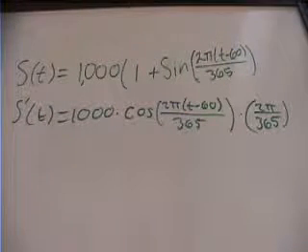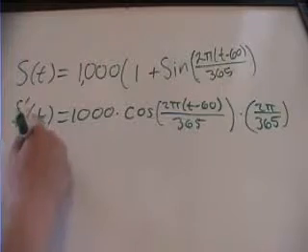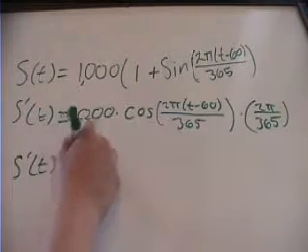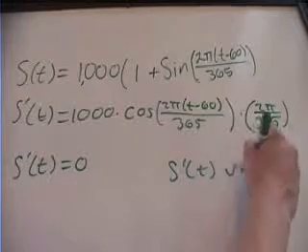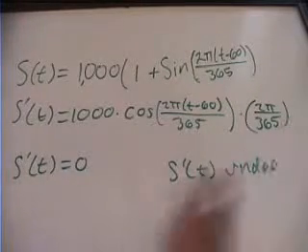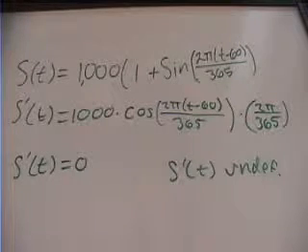So what we need to do from here is find the critical values, right? That is correct. So how we do that is we go s prime of t equals 0 and s prime of t undefined. So then we solve for t with those values.